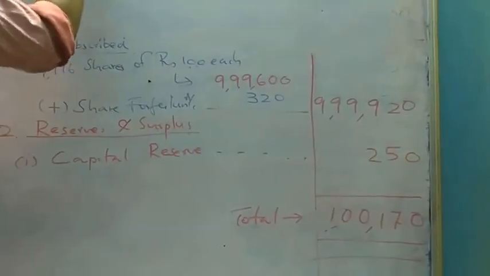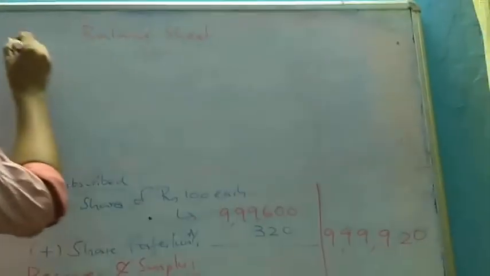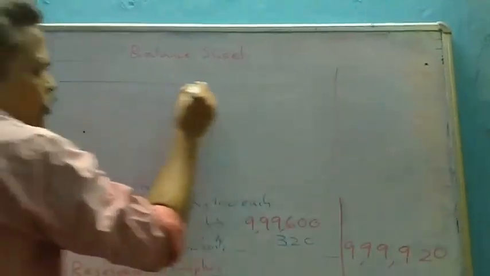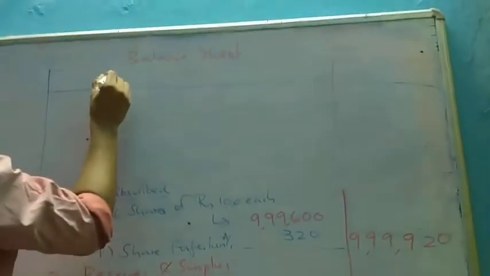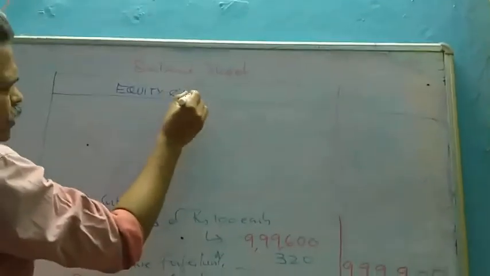Then you come to the last stage, balance sheet. We studied in the previous class only. Two headings are there. One is equity and liabilities.